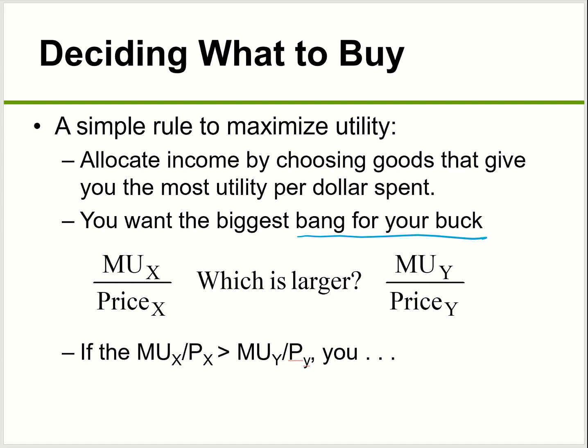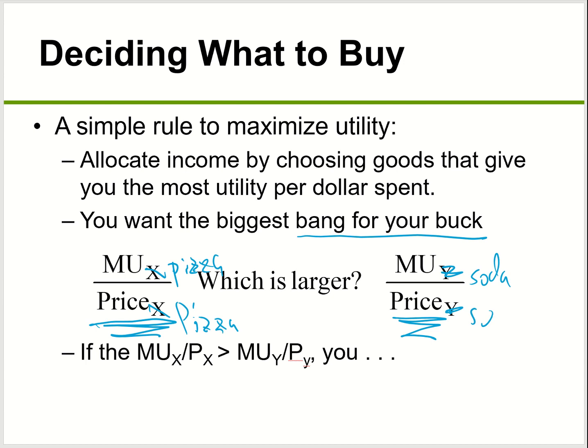So this formula here is very important: we're going to compare the marginal utility of good X divided by the price of good X with the marginal utility of good Y divided by the price of good Y. So let's call X pizza, and Y our soft drinks or soda.